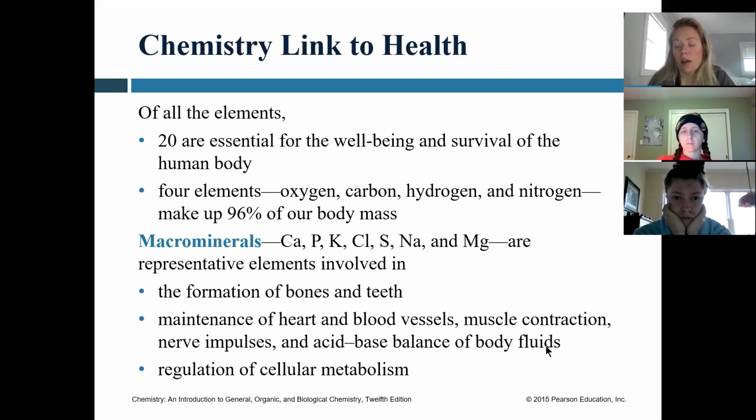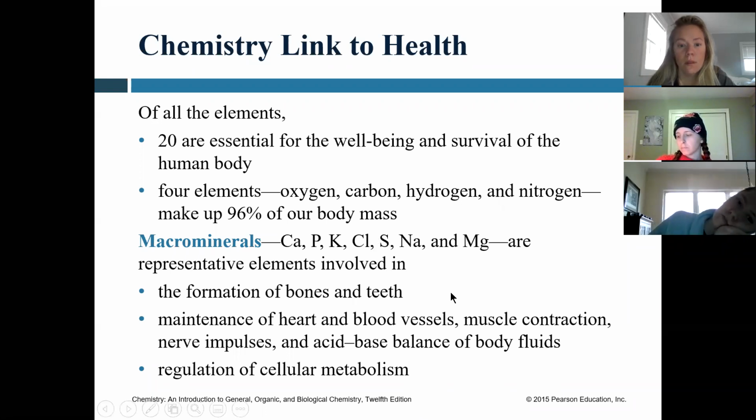These are necessary for the formation of things like teeth and bones, maintaining your heart and your vascular system, and metabolism regulation. So we eat salt. We need to eat salt because we have to have a correct level of Na and Cl in our system.